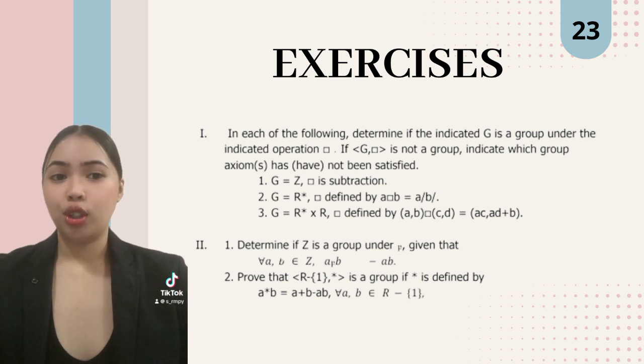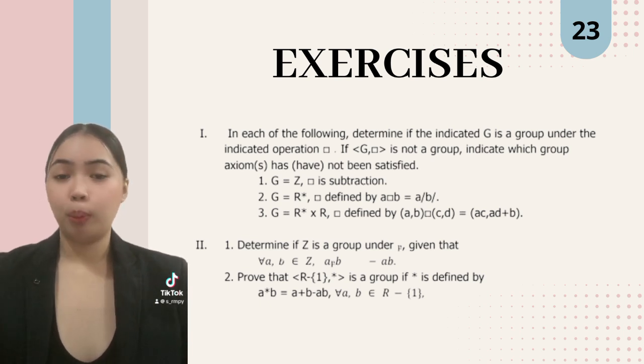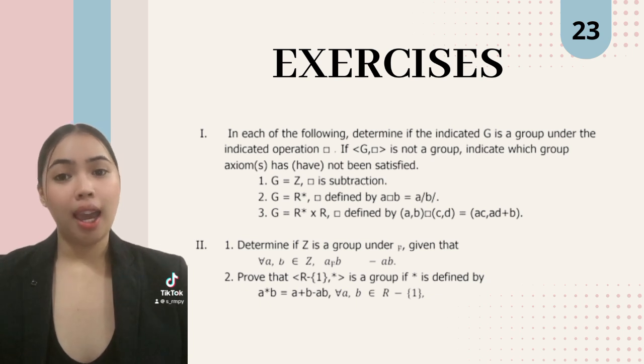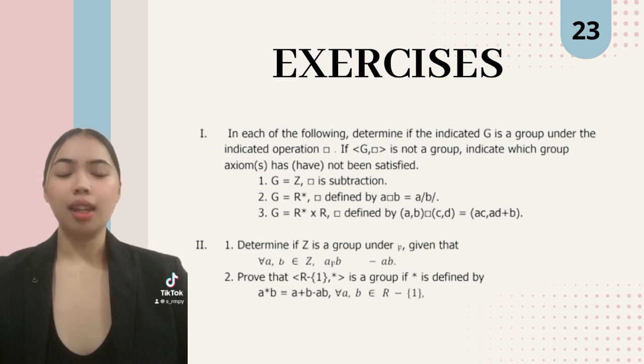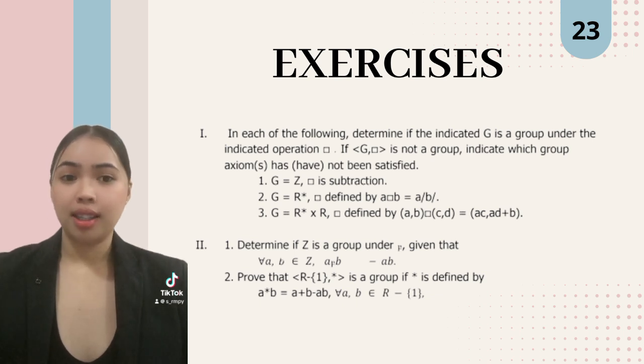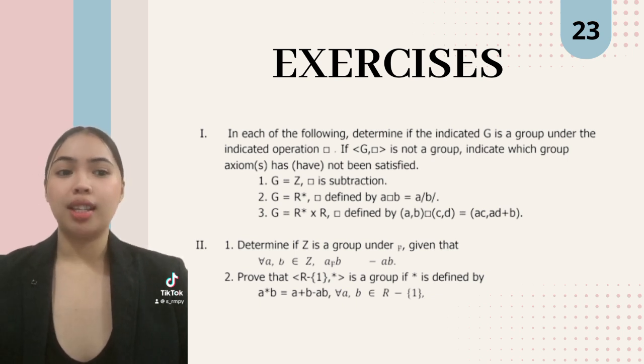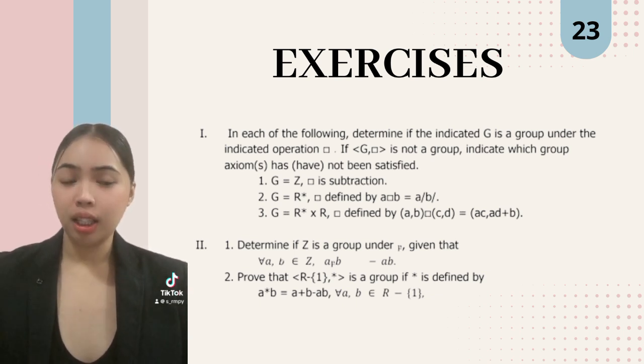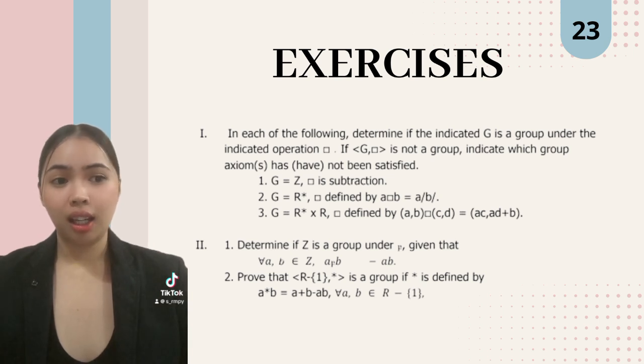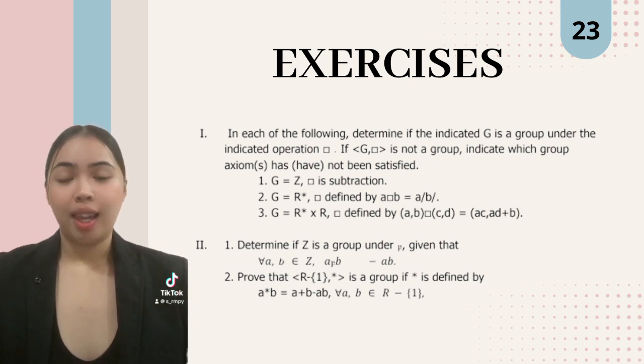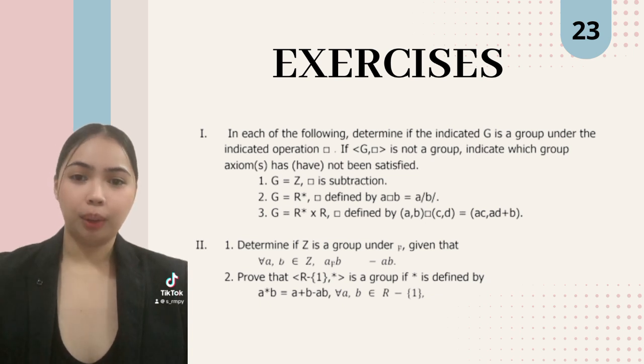Number 2, G is equal to R star, operation is defined by A star B equal A over B. And number 3, G is equal to R star times R, operation is defined by (A, B) star (C, D) equal to (AC, AD plus B).